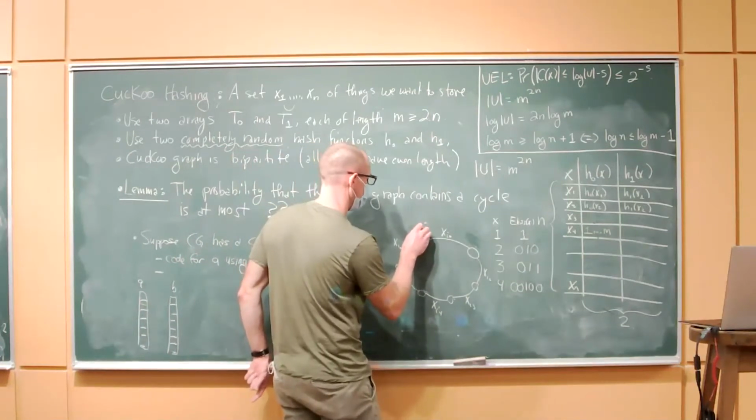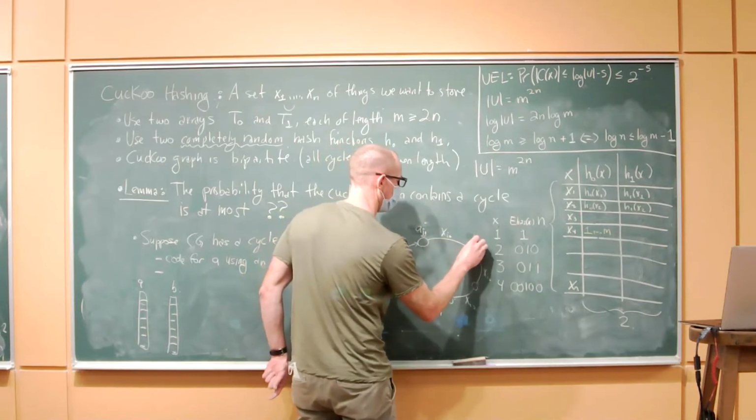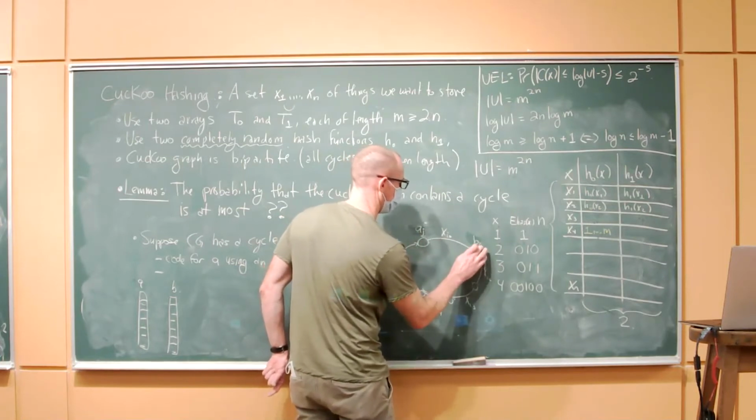So this is something like A, J1, B, J2. Let's be a bit more careful.